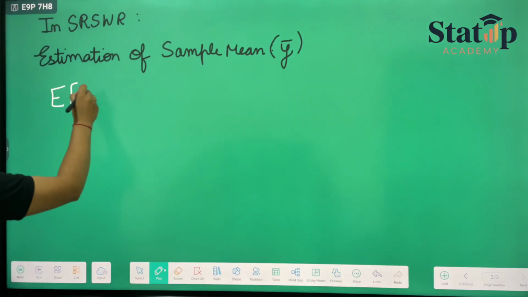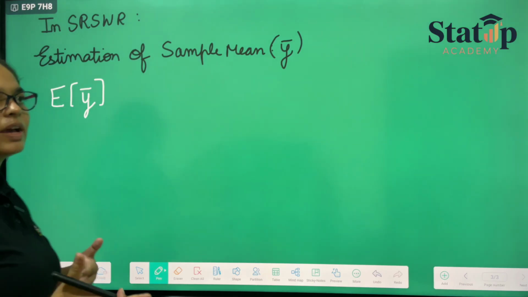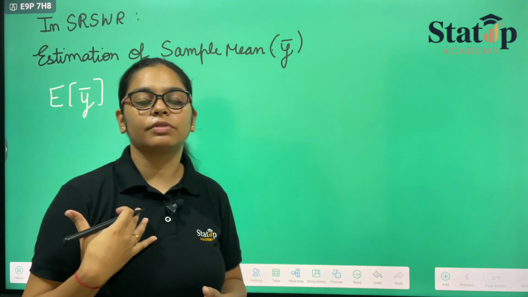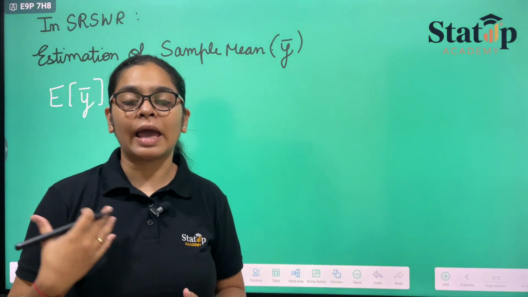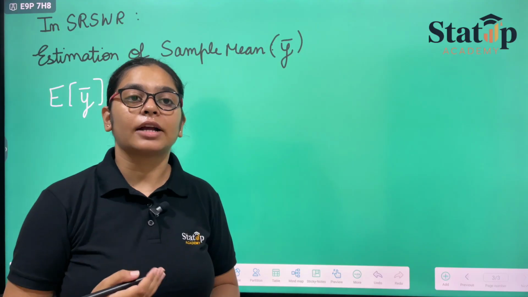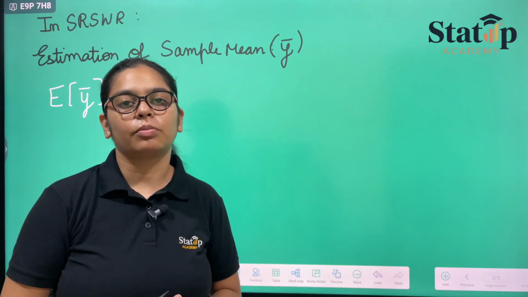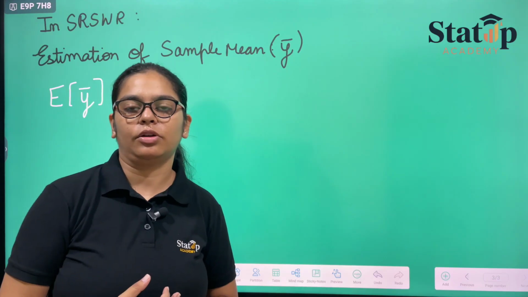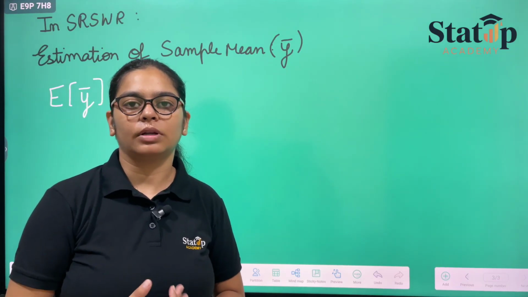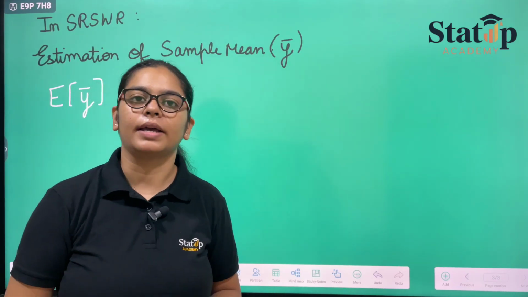Here we are checking whether the sample mean, the mean we calculate for the sample we have taken out, is actually derived from the population or not. If it is, then it will be an unbiased estimator of the population mean, and if it is not, then it will be a biased estimator.